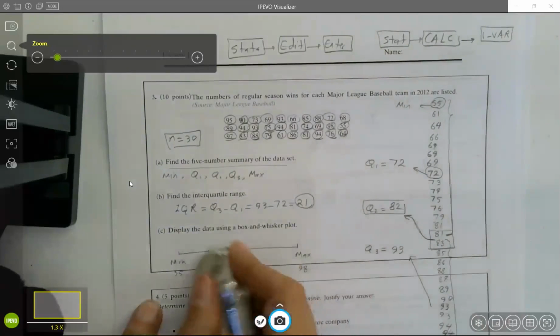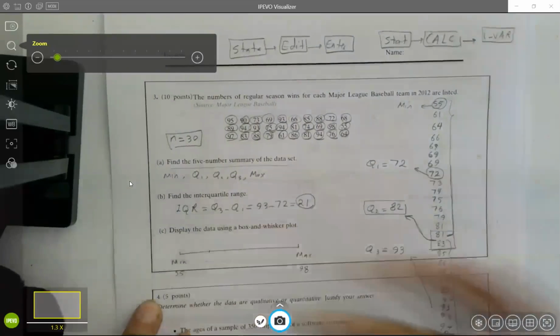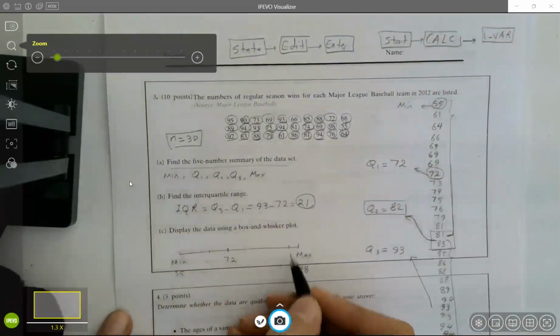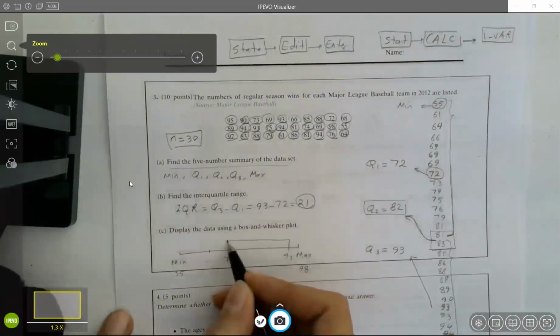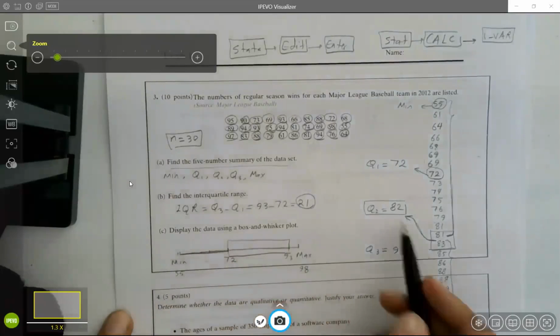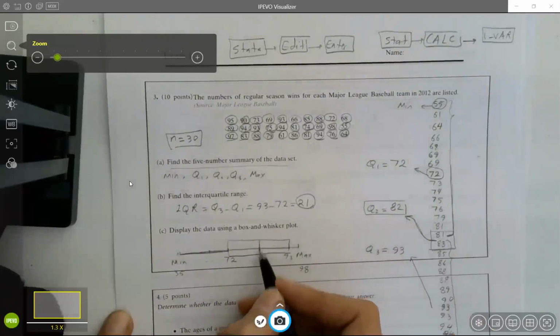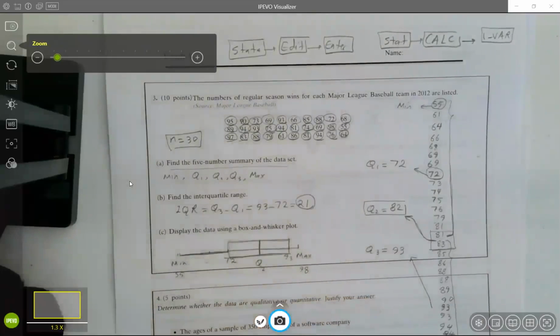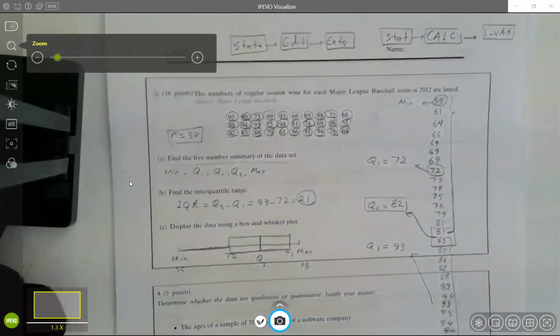So let us move this a little bit here so you can actually see the shape. So 93 is here, and this is going to be your box. Q2, which is 82, is in the middle. You can enter all of these data and actually visualize it better.